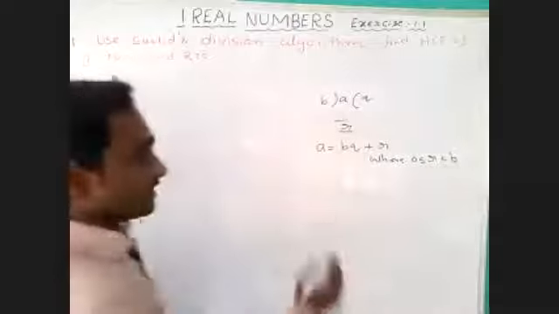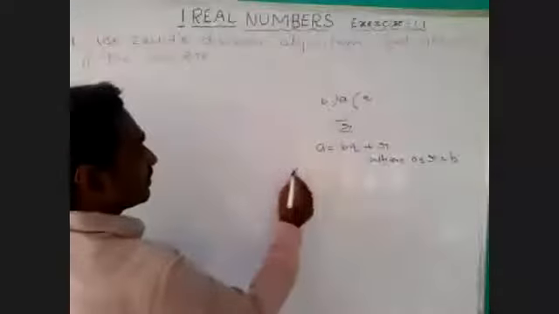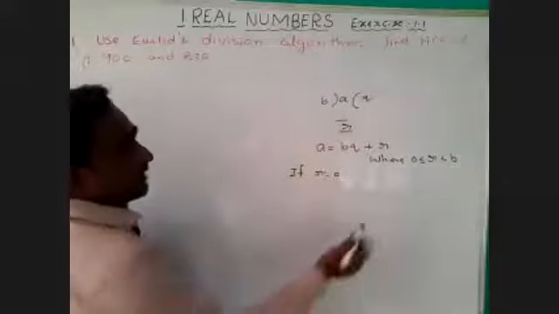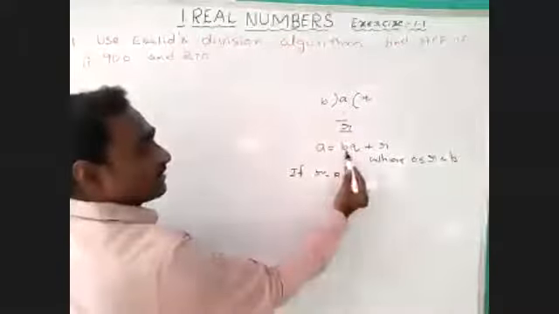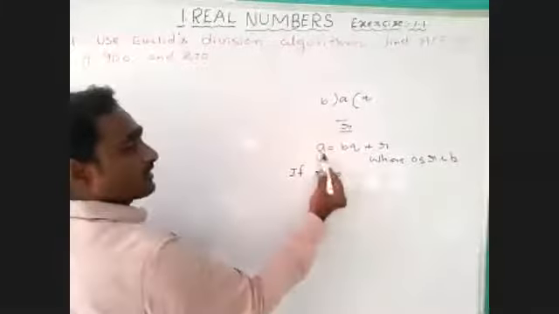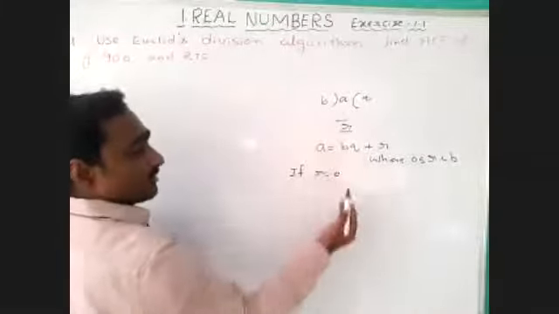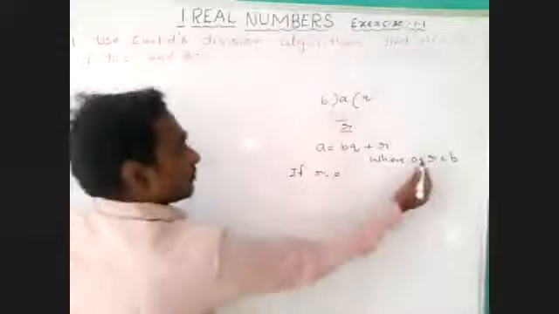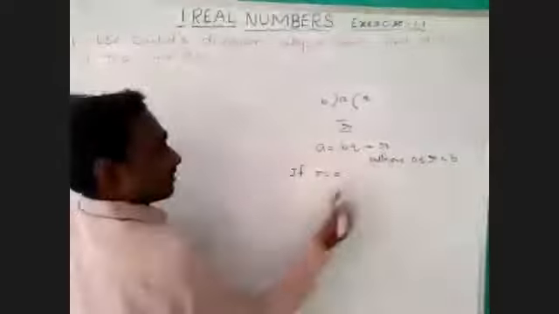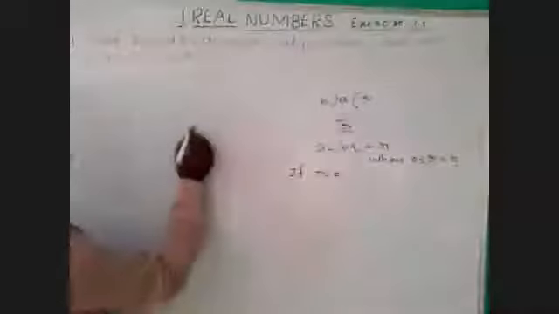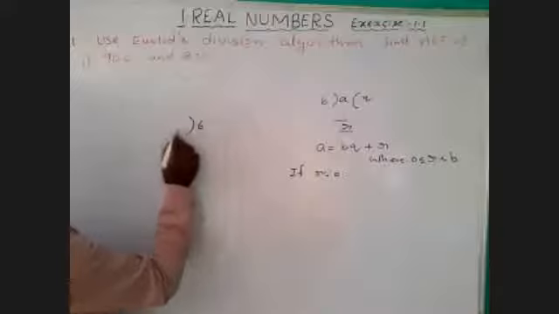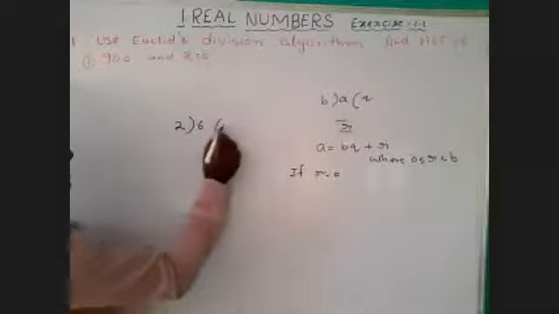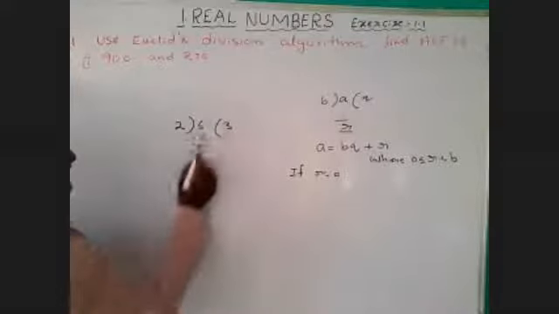So if R is equal to 0, then B exactly divides A, which means A is exactly divisible by B, which means B is a factor of A. For example, 6 divided by 2: 2 threes are 6, 6 minus 6 is 0.